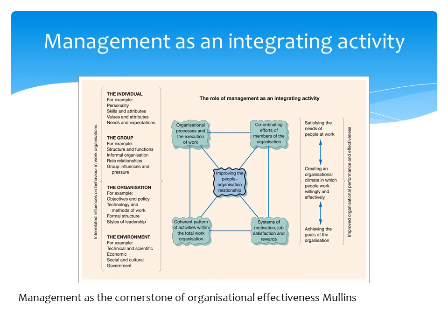Mullins gives us a lovely diagram that says management is essentially making the company work by integrating everything together. So it's about the individual, the group, the organisation, the environment, and making everything work by creating the right climate, by satisfying the needs of people to achieve the goals.